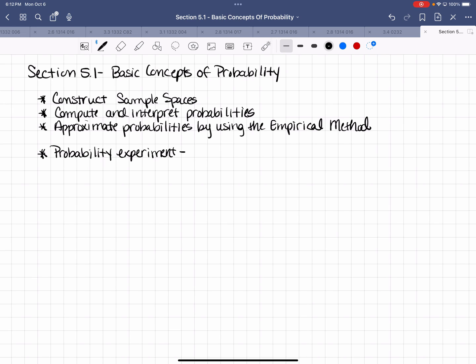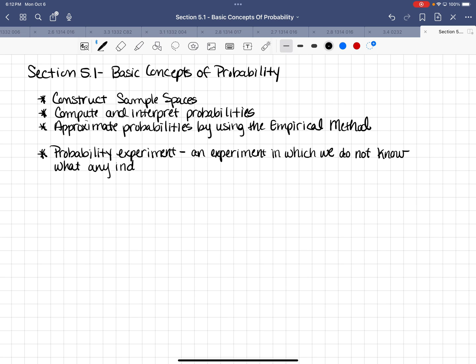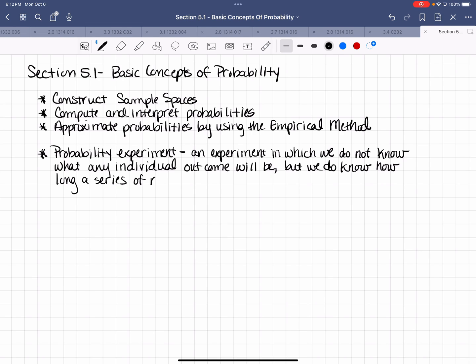A probability experiment is, of course, an experiment in which we do not know what any individual outcome will be, but we do know how a long series of repetitions will come out.